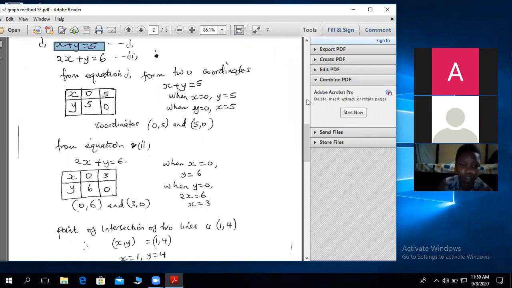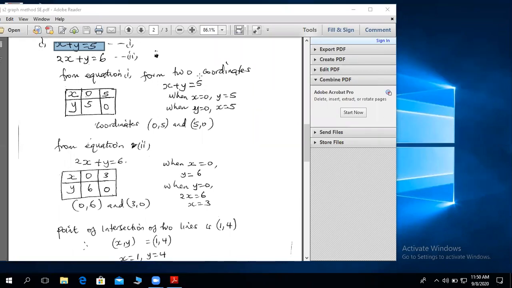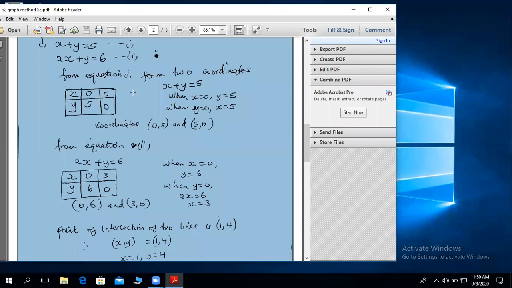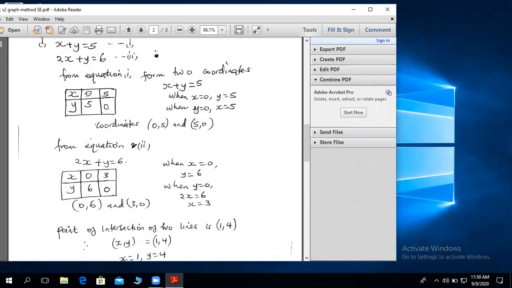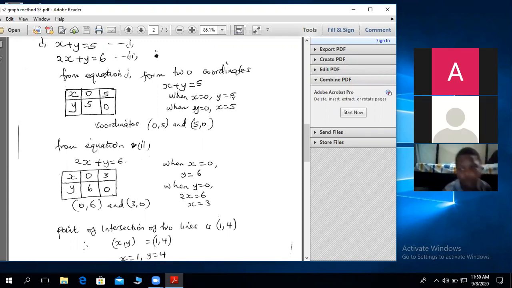But the best one to use is 0. So I encourage you, let's all use 0. When x is 0, the value of y is going to be equal to 5.